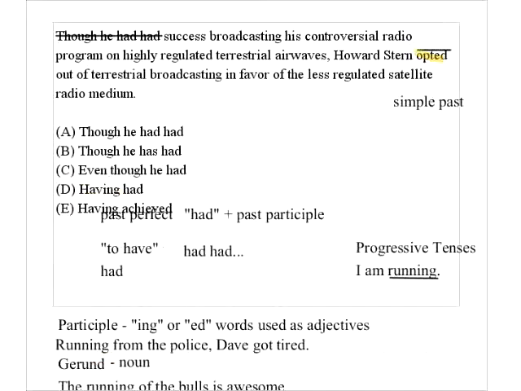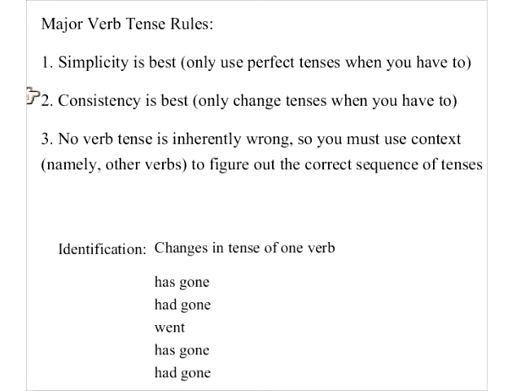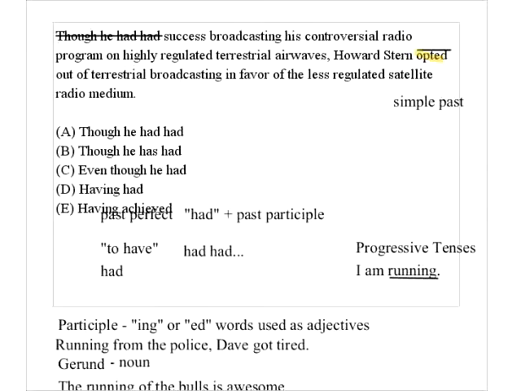There's a problem with this. And I'll go back here where it says consistency is best, only change tenses when you have to. In this example, because of the way it worked, if I said, though he had success broadcasting, it has not clearly established the order between these two.